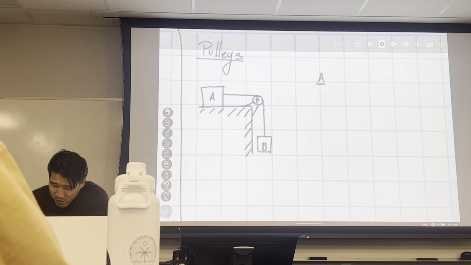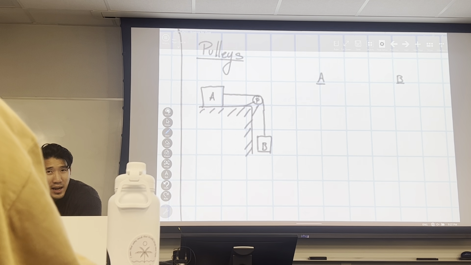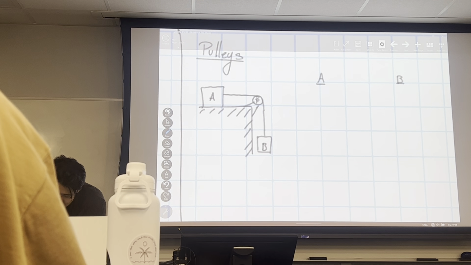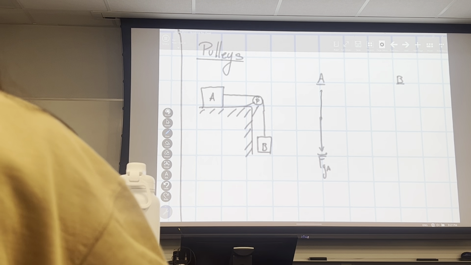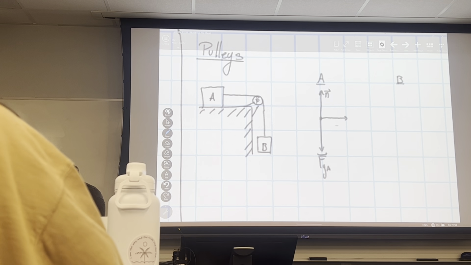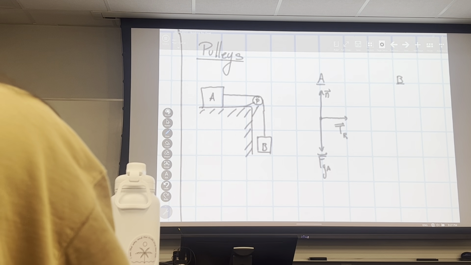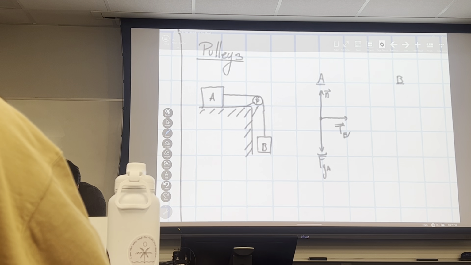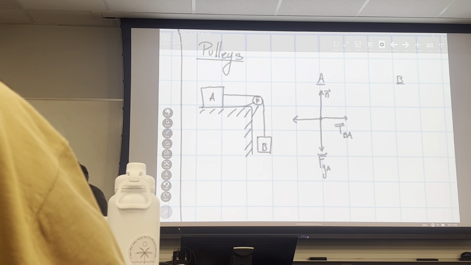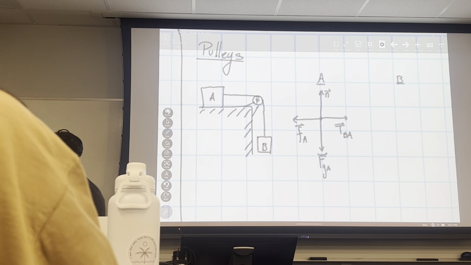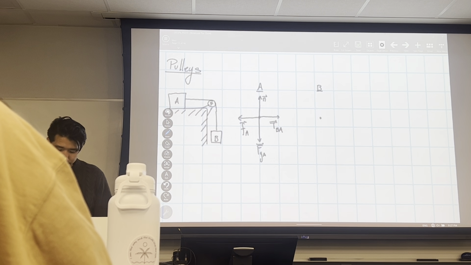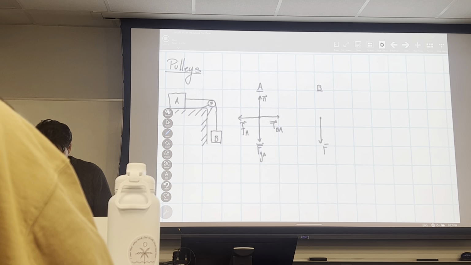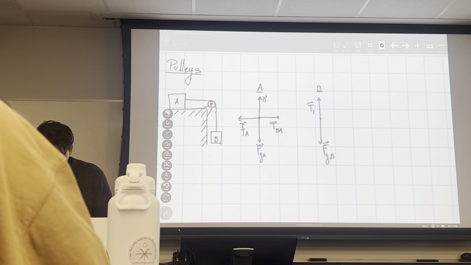Now let's draw the free body diagram of objects A and B. Object A, you're going to have force of gravity on A, the normal force on A. Tension of B onto A. And some aspect of friction on A. On object B, you have force of gravity on B. And you have tension of A onto B.